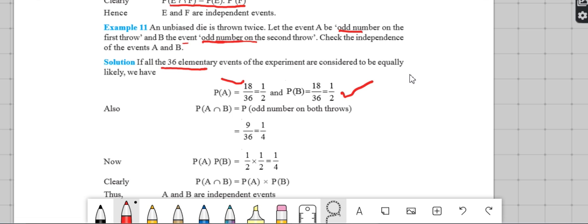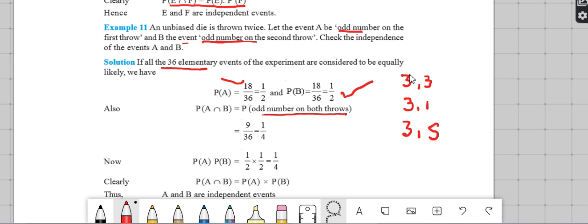Now P of A intersection B is an odd number once again on both throws. This is possible in 9 by 36 cases, which you can check in all the 36 outcomes: (3, 3), then (3, 1), and (3, 5) and so on.